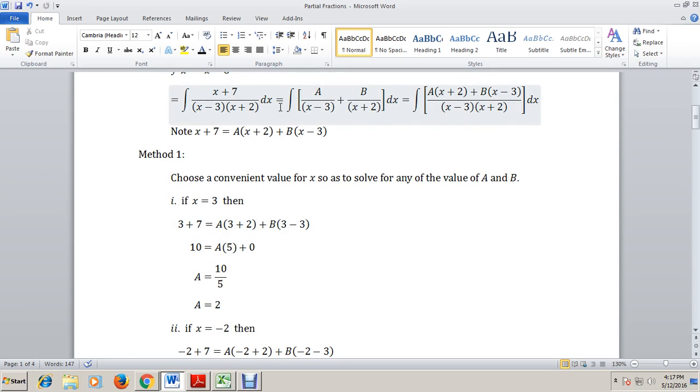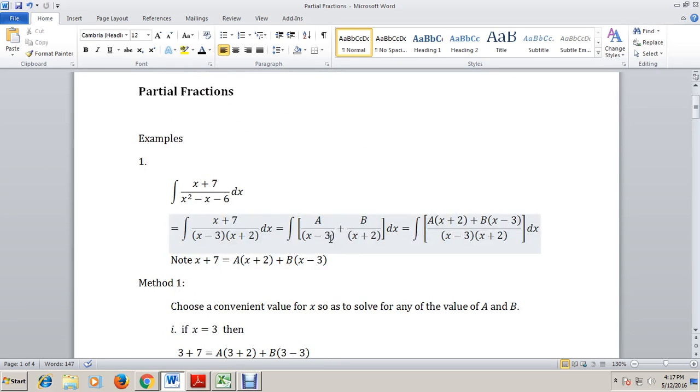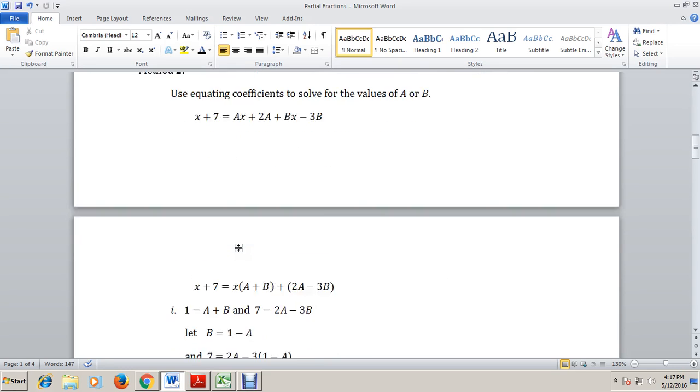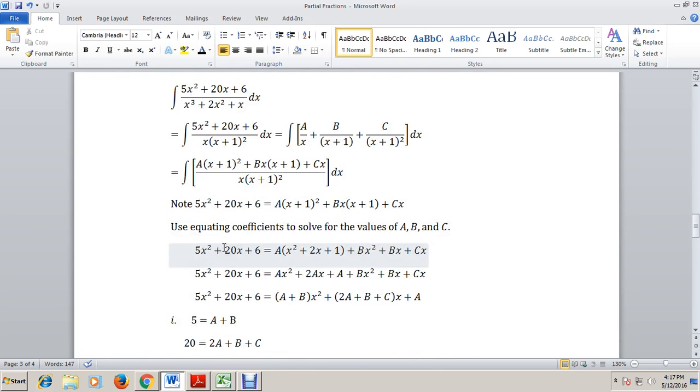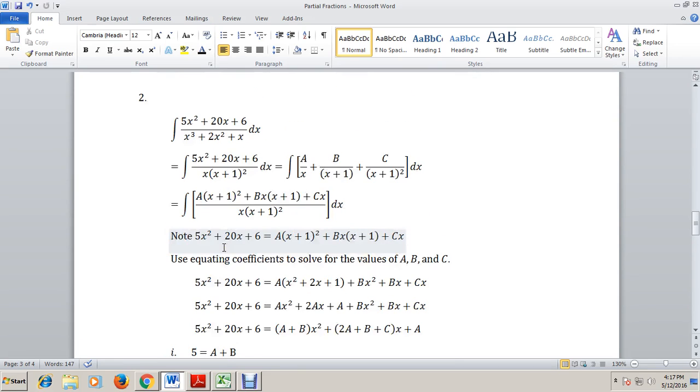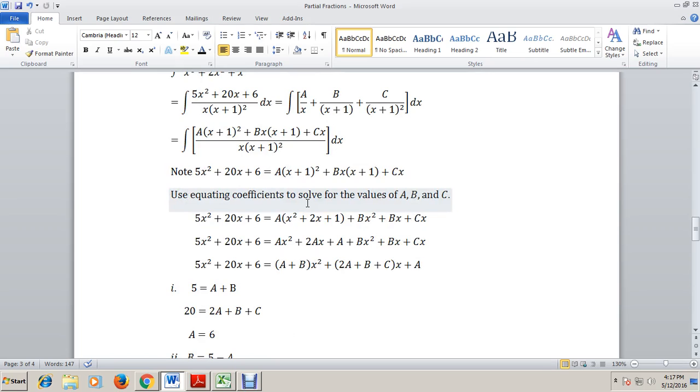But what was covered here is simply the first case, which is partial fractions having distinct linear factors, and for example number 2, you have distinct linear factors, but those linear factors could be raised to a given power. Now, case number 3 and case number 4 is when you have distinct quadratic factors.